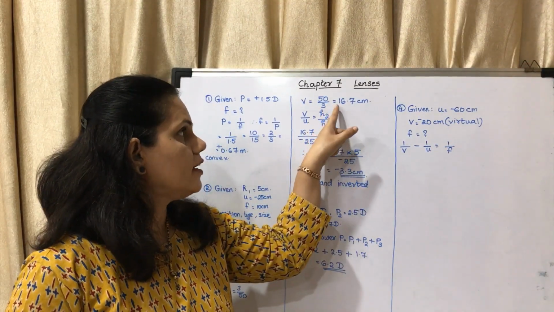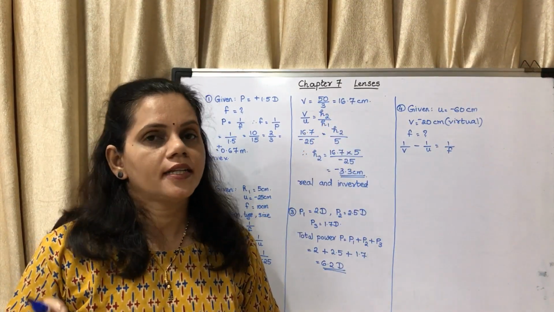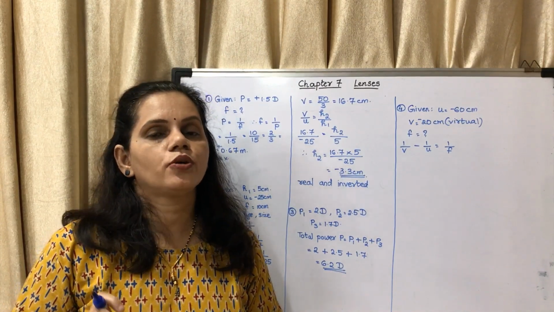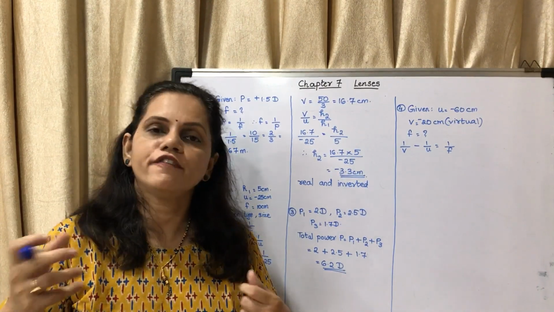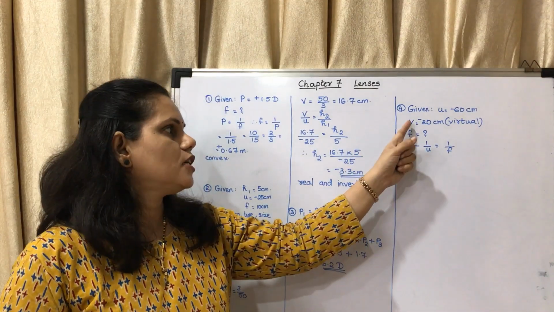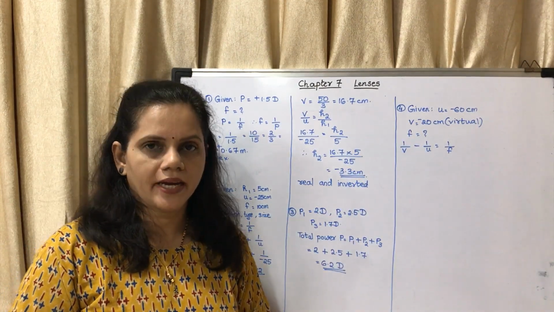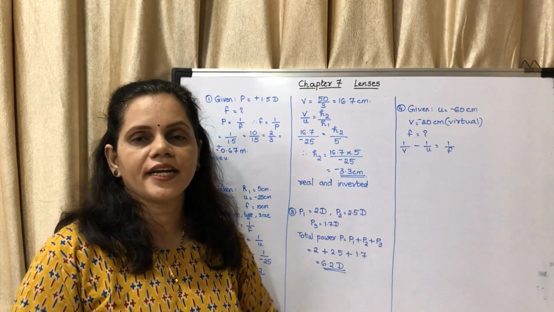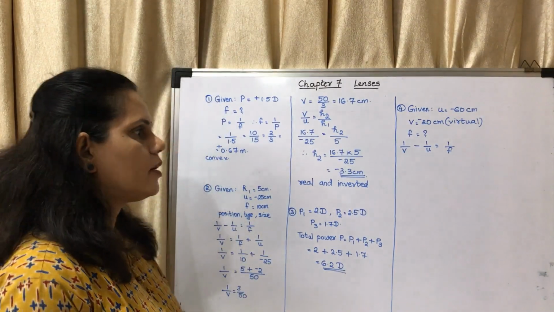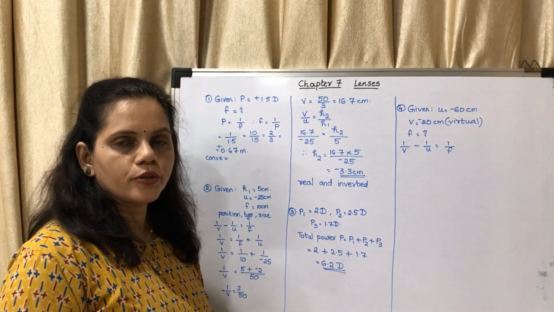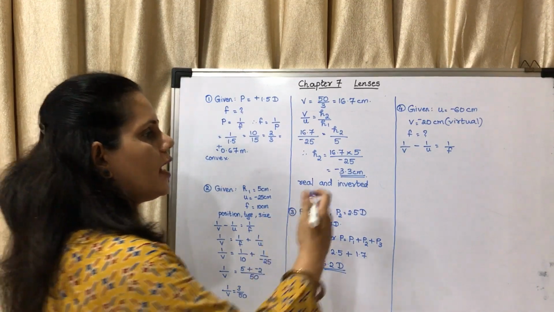I told you here, if v is positive, the image is real. So if the image is virtual, v should be negative, isn't it? So I have taken it as minus 20 and we have to find out f. So 1 upon v minus 1 upon u is equal to 1 upon f.